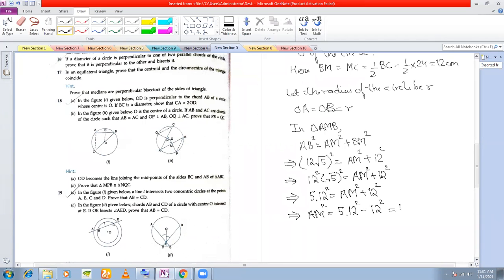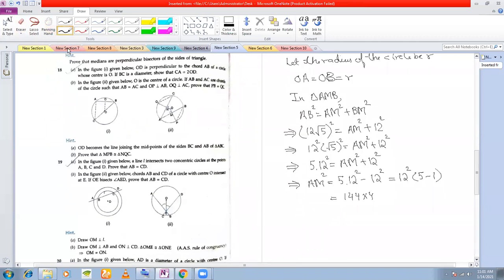Now you can take 12 square common and you get 5 minus 1. So this is 12 square, which is 144, and 5 minus 1 is 4. Okay, so you leave it as it is. We don't need to multiply 144 into 4 because both are perfect squares. So you can write 144 as 12 square and 4 as 2 square.